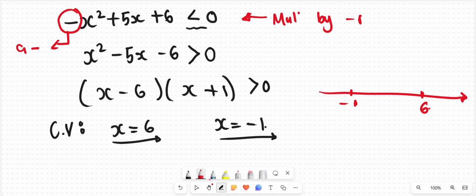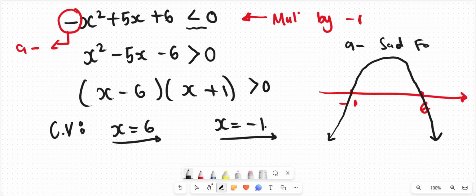It tells me your graph will be downward facing. That's how your graph would look. Why? Because A is negative, so this will be a sad face. We call this a sad face or grumpy face.